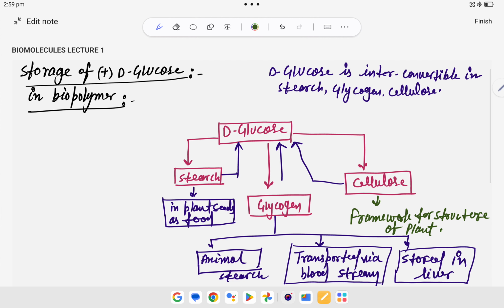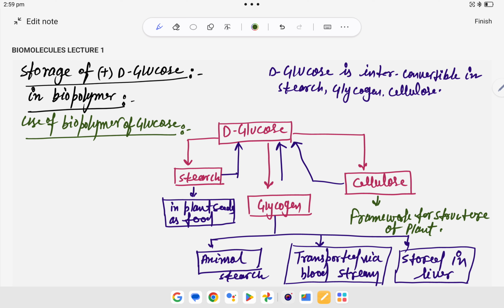Okay, let's talk about the use of biopolymers of glucose. So these are the biopolymers of glucose: starch, glycogen and cellulose.